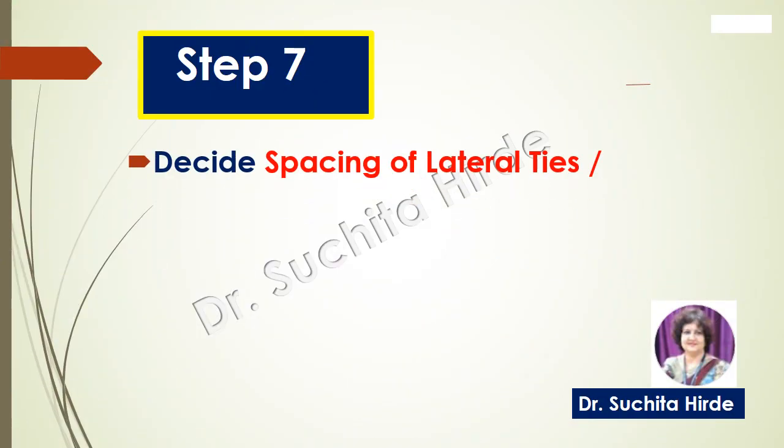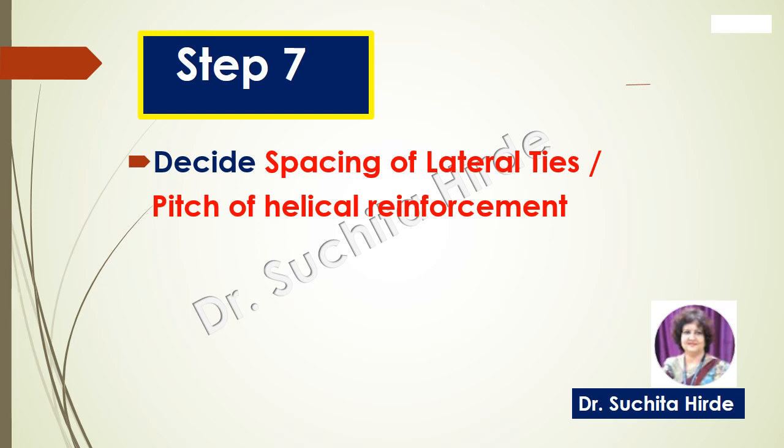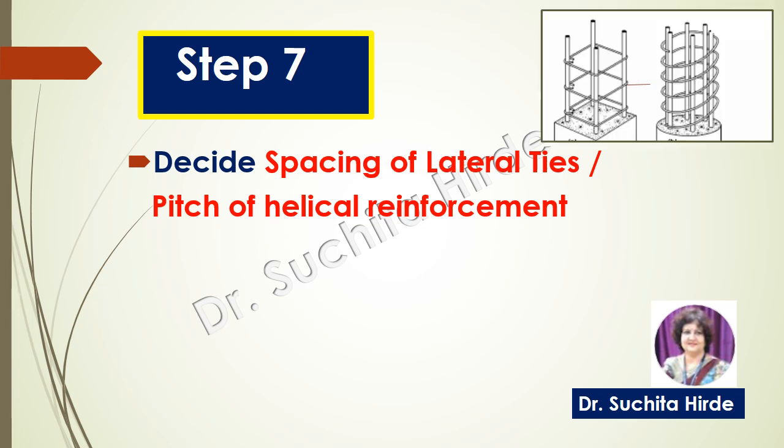Step number 7 is to decide spacing of lateral ties or pitch of helical reinforcement. The lateral ties can be provided in two different forms. That is, lateral ties provided separately as shown in figure 1 or helically as shown in figure 2. So let us first understand how to decide for first case when the separate lateral ties are provided.